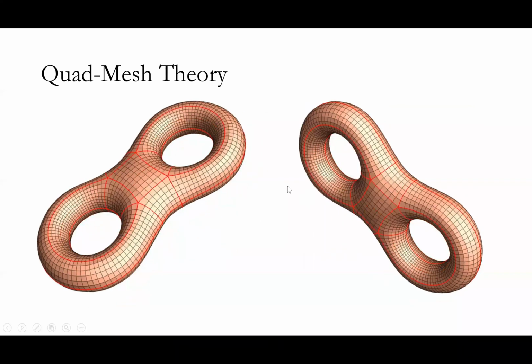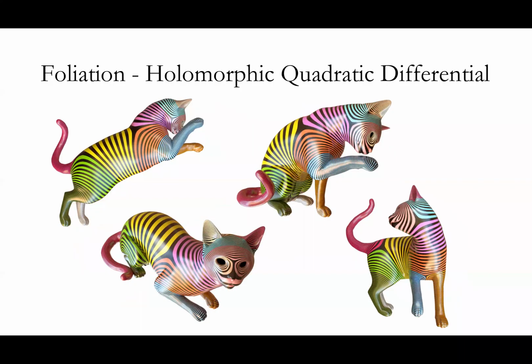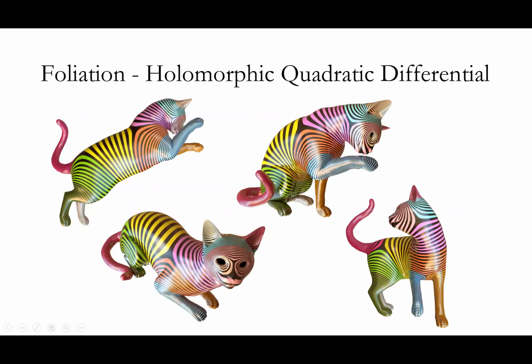Okay, actually, this is directly related to something called foliation. Okay, so we know that calculating hexahedral meshes is called the holy grail in the field. Very challenging, open for many years. Okay, so we propose using something called a holomorphic quadratic differential to conquer this problem.